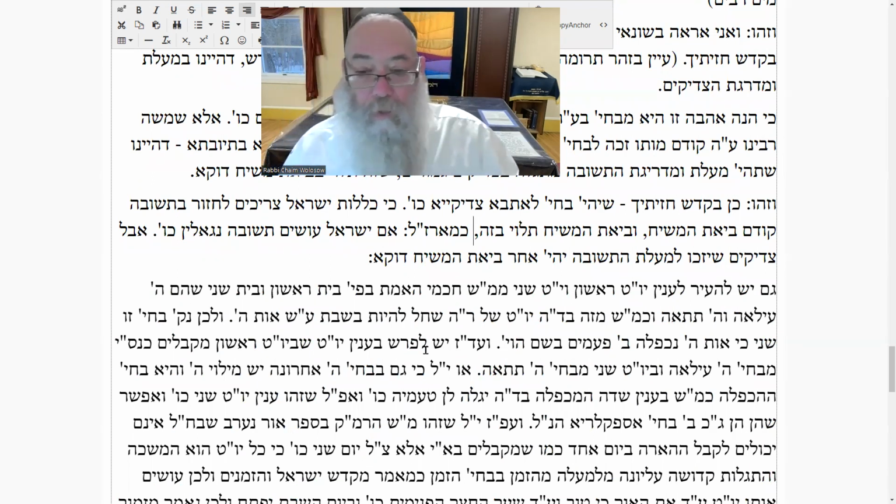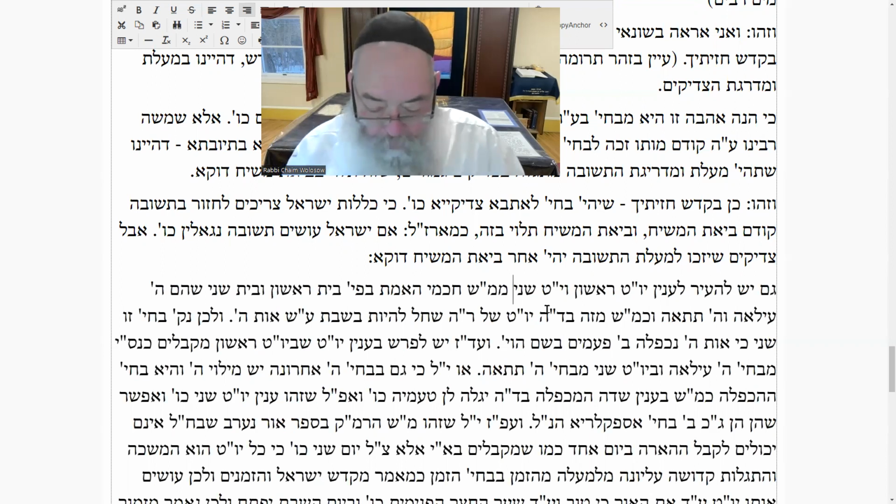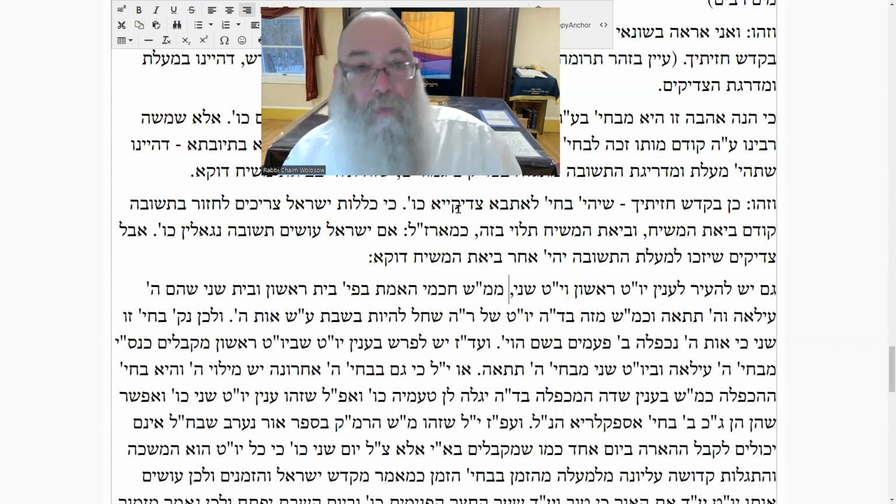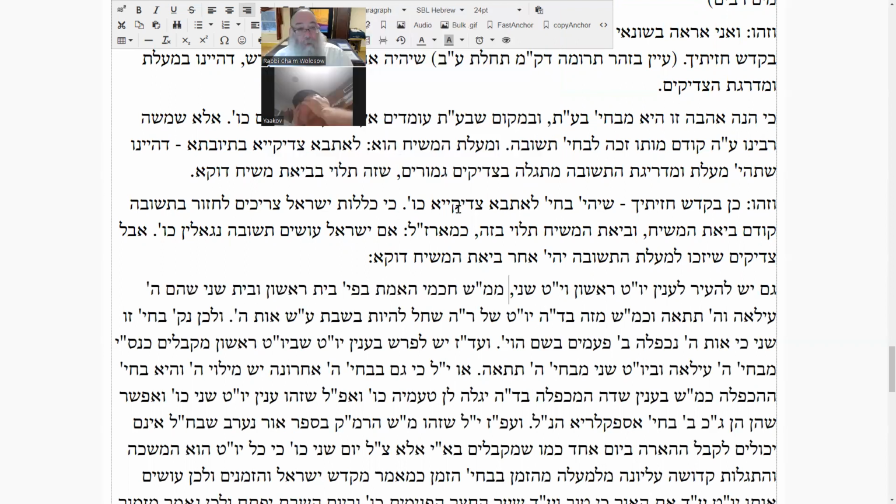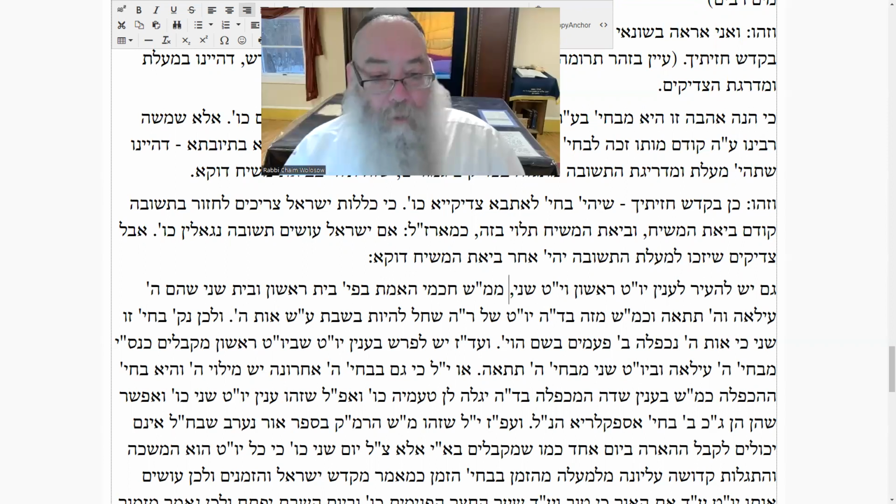Gam yesh lehorot l'inyan Yom Tov Rishon v'Yom Tov Sheni. Also to point out with regards to Yom Tov Rishon and Yom Tov Sheni, from what the sages of truth, the sages of the Kabbalah, explain regarding the first Beis Hamikdash and the second Beis Hamikdash.